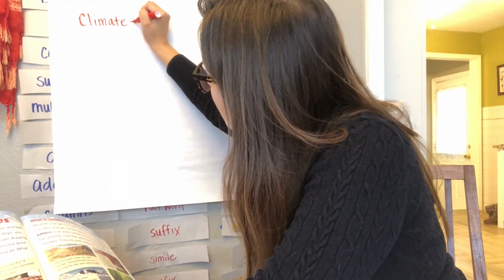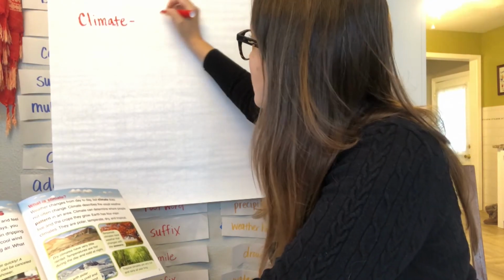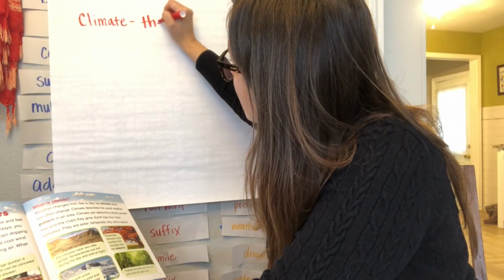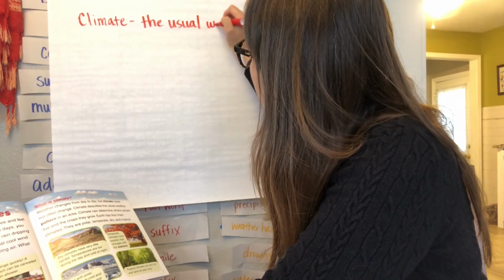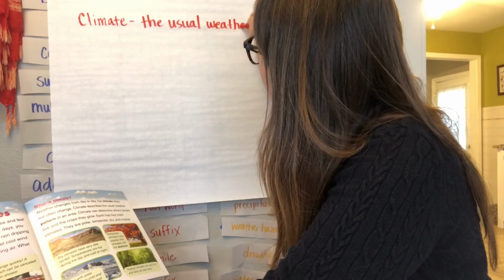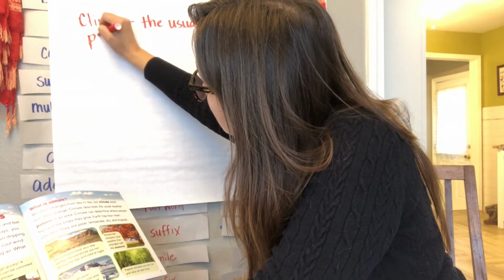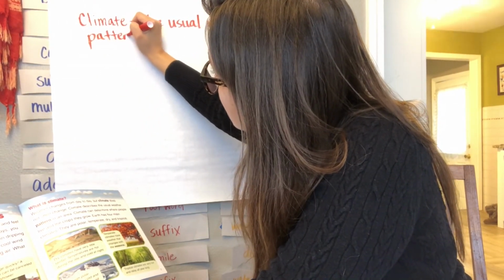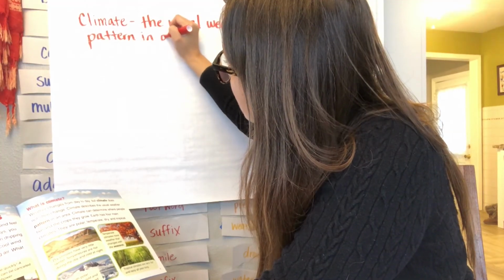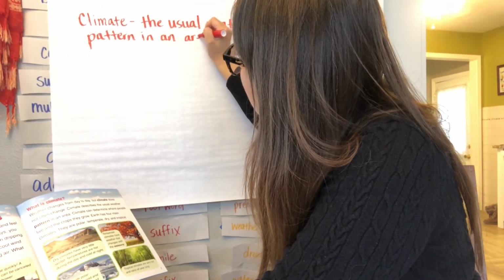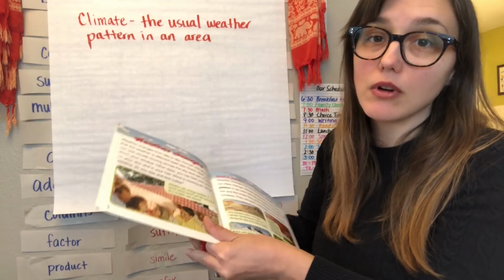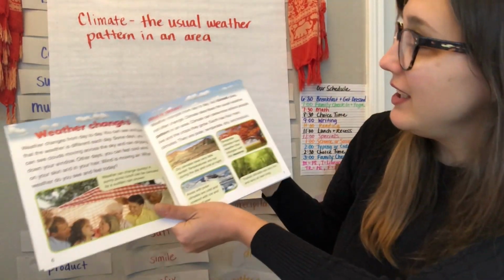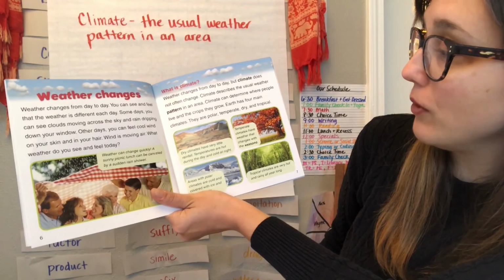Climate is the usual weather pattern in an area. Okay, that's the definition that we'll go with from this book. And it does tell us that Earth has 4 main climates.